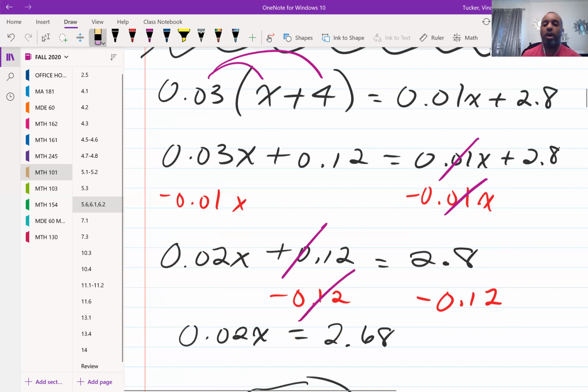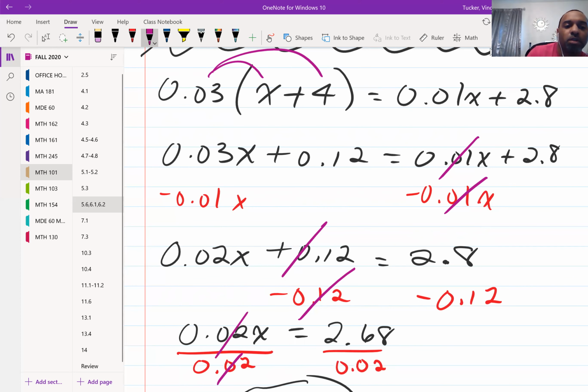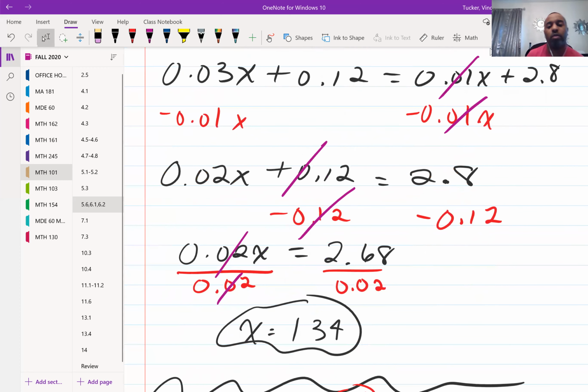Subtracting 0.12 from both sides will leave us with 0.02x equal to 2.68. Now to finish it off, divide both sides by 0.02. And you're left with 134.